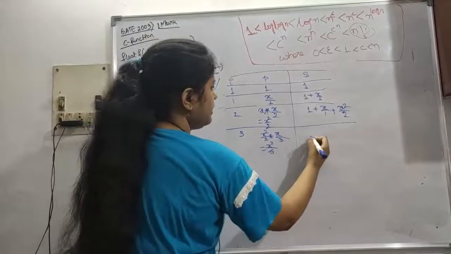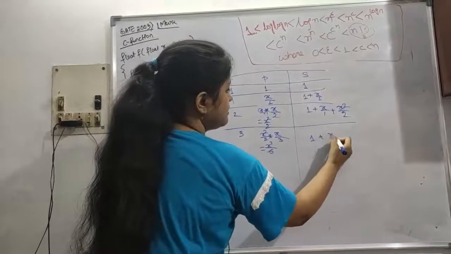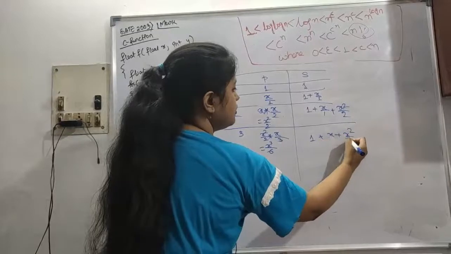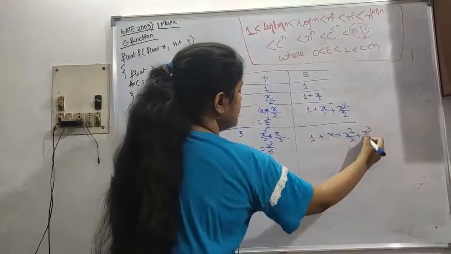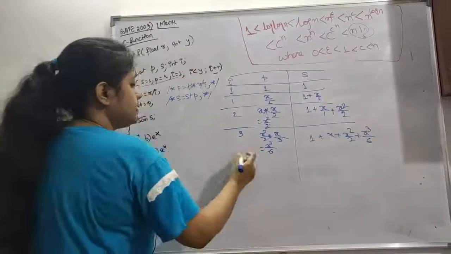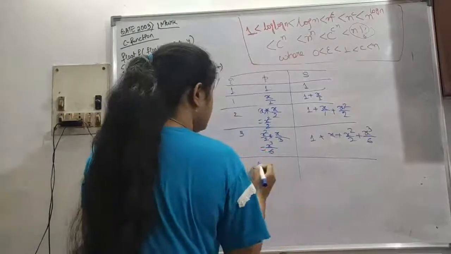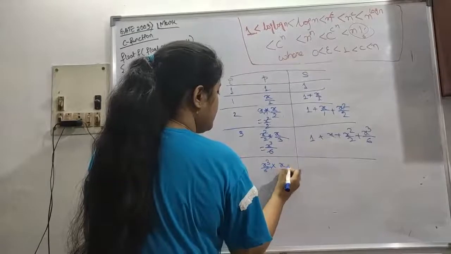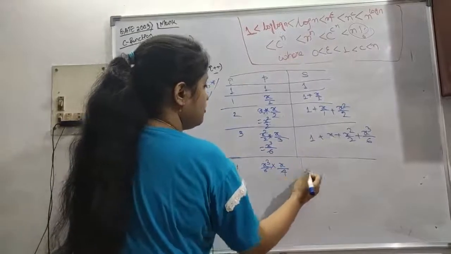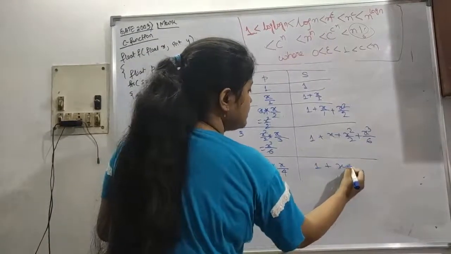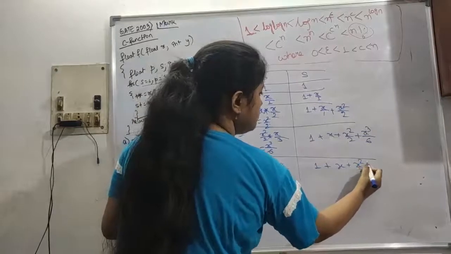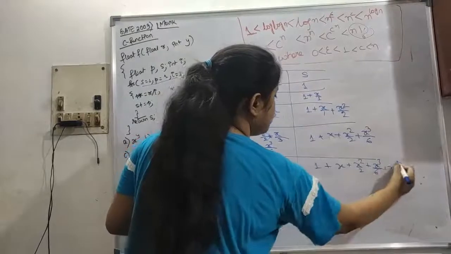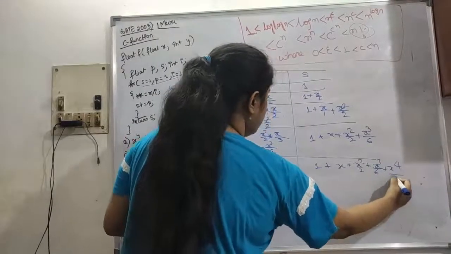Now this will be added here: 1 plus x plus x square by 2 plus x cube by 6. Same way, for 4, x cube by 6 into x divided by 4, so 1 plus x plus x square by 2 plus x cube by 6 plus x to the power 4 by 24.